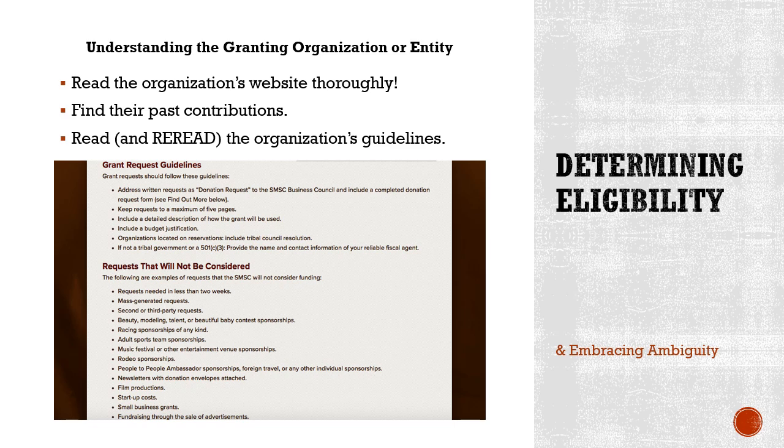If they say, as they do on the second bullet point, to keep requests to a maximum of 5 pages, then that is the cutoff and that is the limit. Making sure that you're using your words to be most powerful and convincing is an important component to determining whether or not you're eligible and can actually move forward and submit in a manner that conforms to these guidelines.